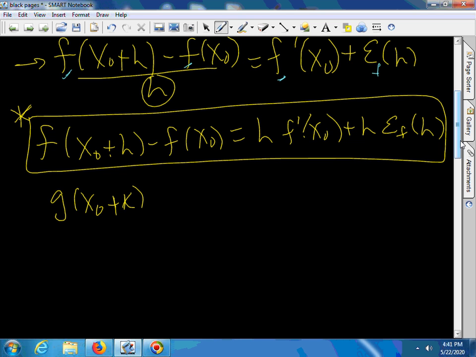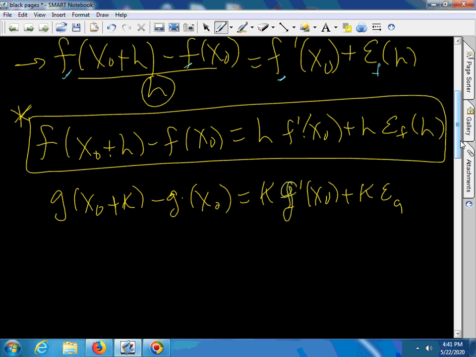So, we'll have g of x0 plus k minus g of x0, etc. This is k times g prime of x0 plus k times the error function of g, but it's in terms of k.